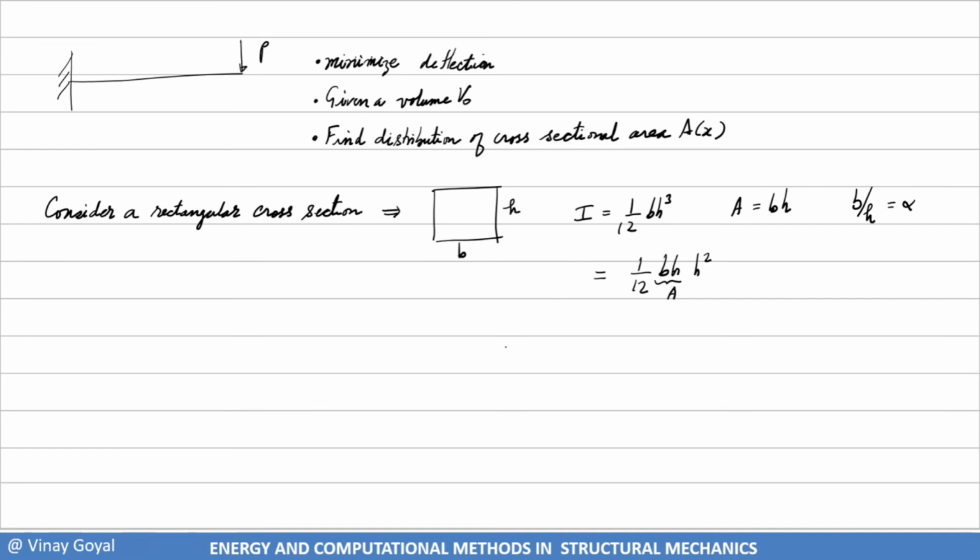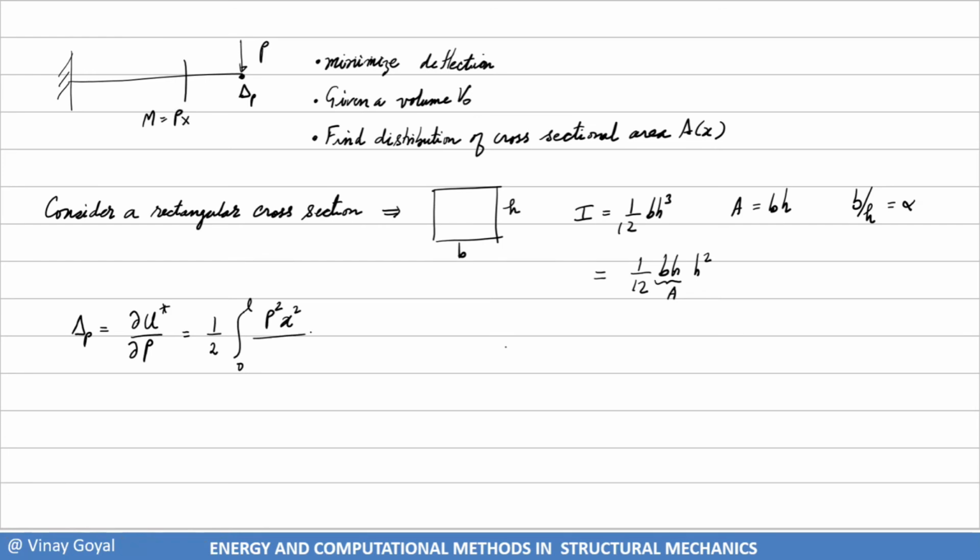So if I want to find the deflection at this point here, then that deflection is given by delta P equals the derivative of U star with respect to P, which is 1 over 12, 0 to L, P squared x squared, because the moment is P times x.